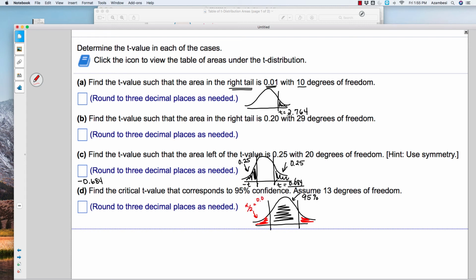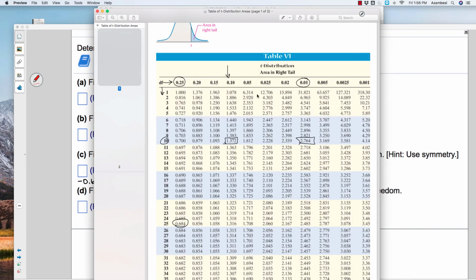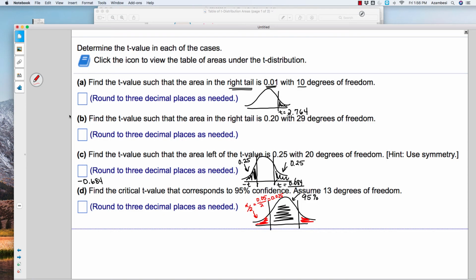And if I put 0.05 divided by 2, then I get 0.025 for the area in each side. And I'm going to look up that 0.025 and 13 degrees of freedom from my table. So 0.025 here, 13 degrees of freedom gives me 2.160 for my confidence interval.